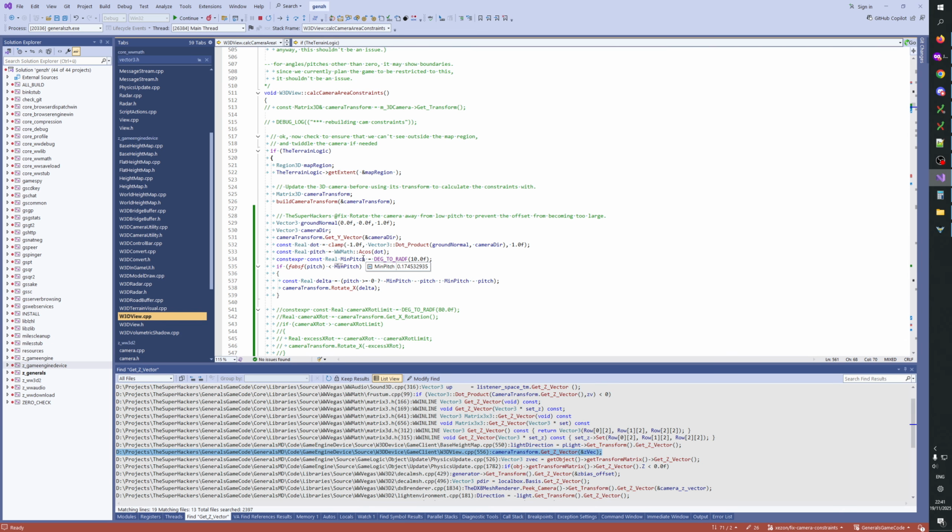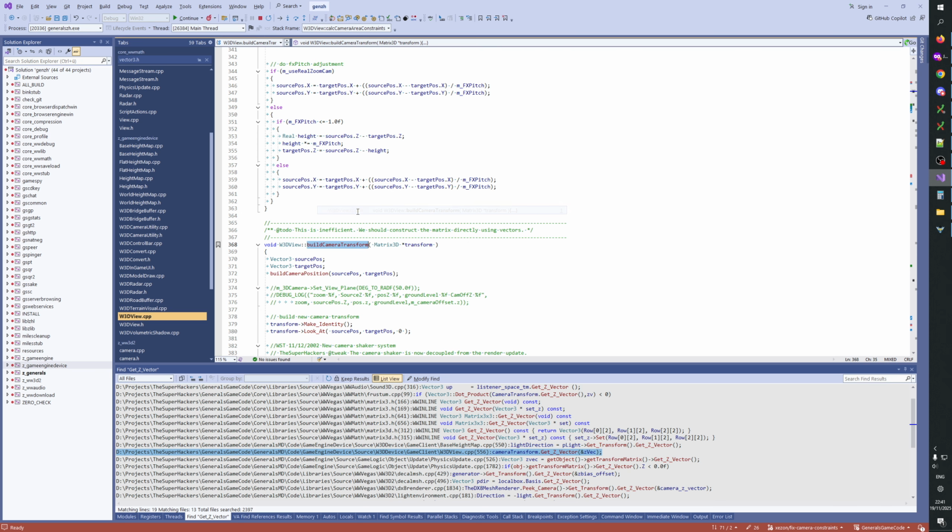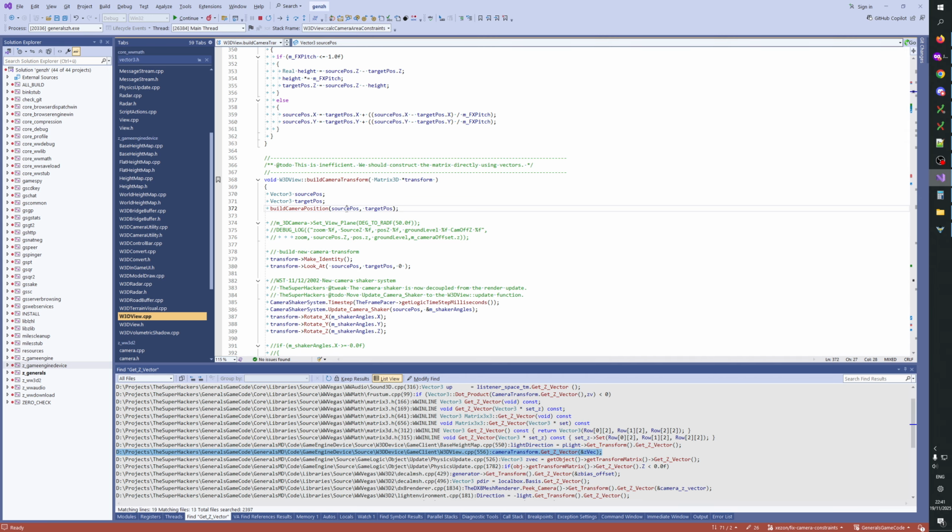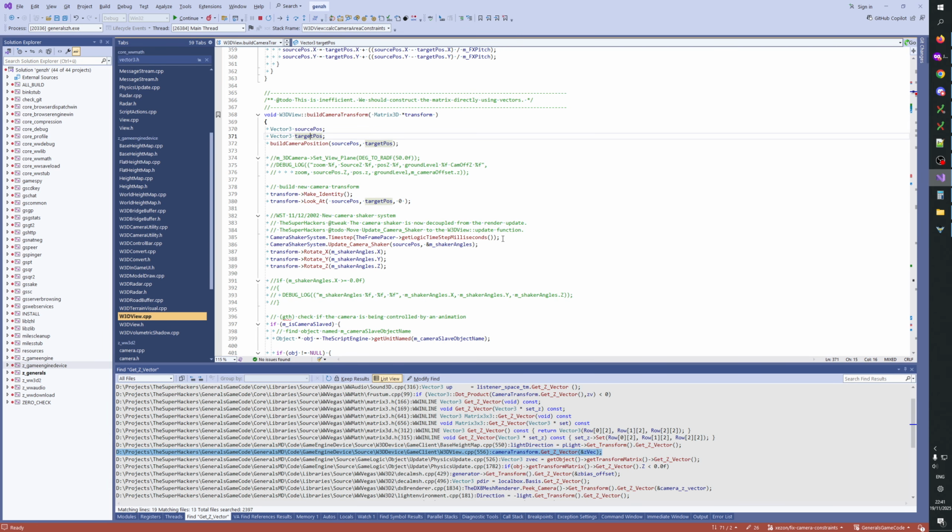So if we have the target position and the source position, then we have the direction vector. Camera transform. I would have expected that we can get it from this here. So look at.